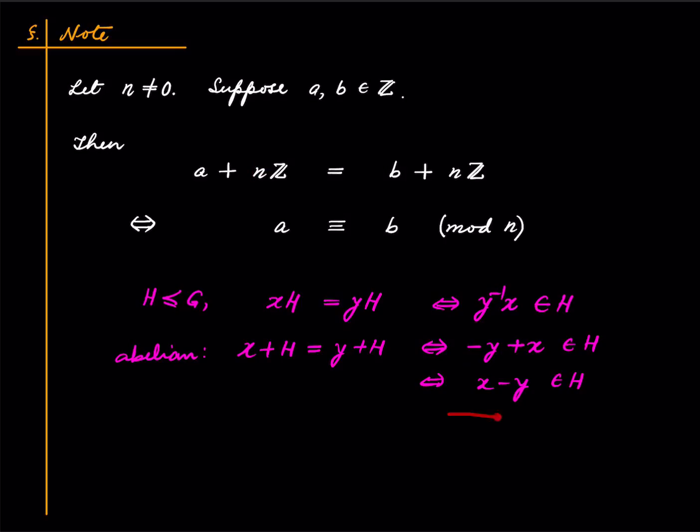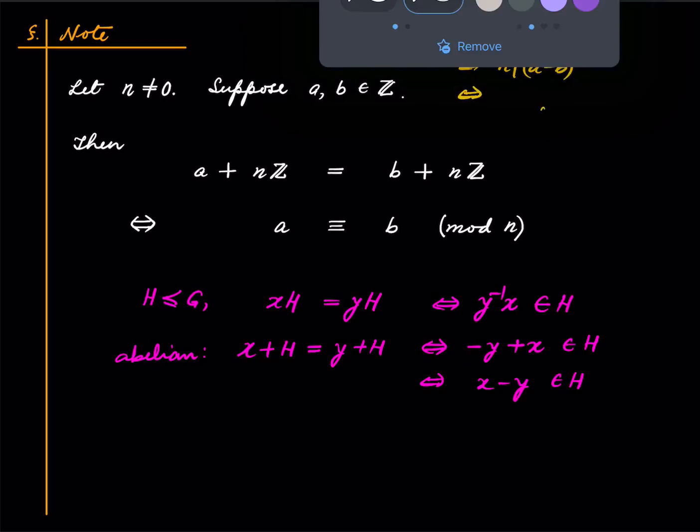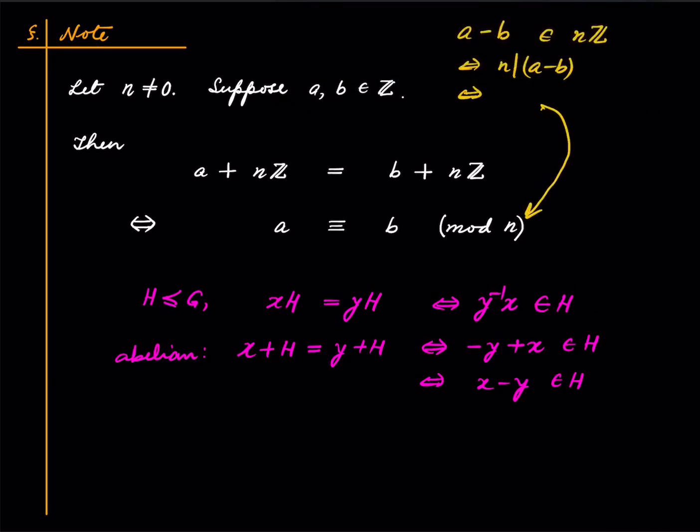And now if we apply this observation, we see that the above thing is the same as saying A minus B belongs to NZ, but this is the same as saying N divides A minus B, which is the same as saying this. So that's it. This observation is crucial for the next thing.